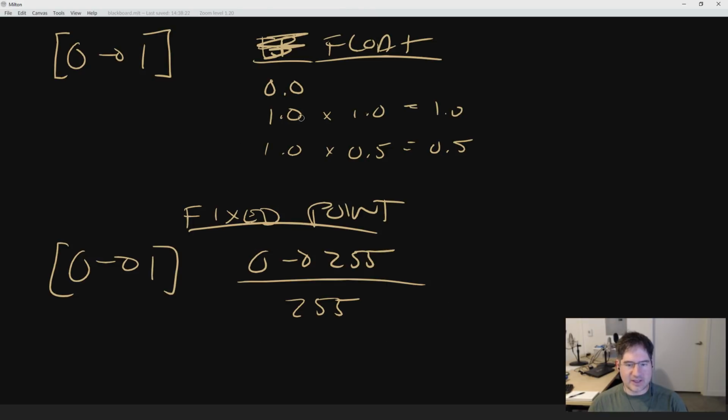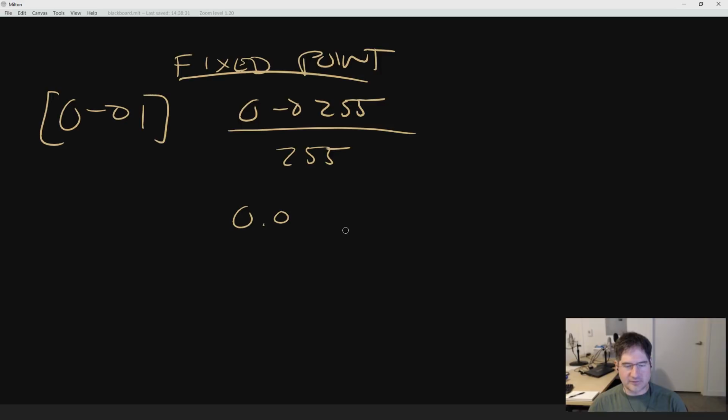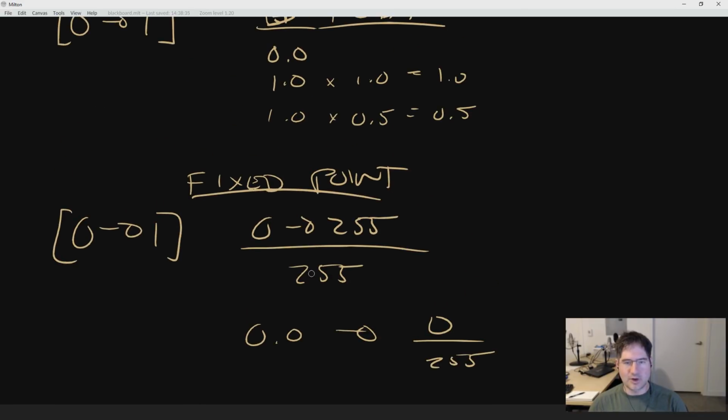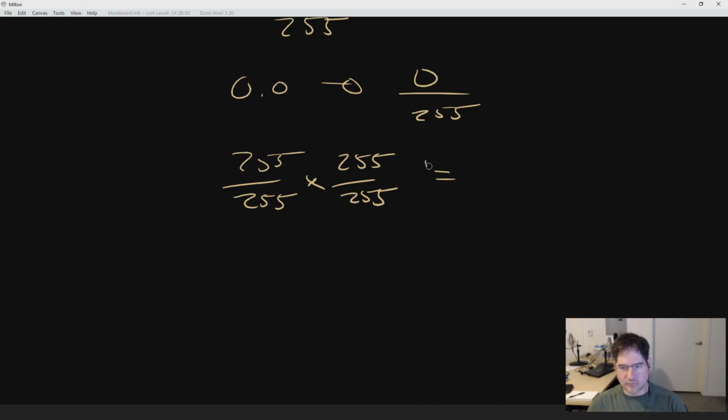So when I look at exactly these three things, if I have 0.0, that's actually 0 over 255. If I have 1 times 1 equals 1, what I actually have is 255 over 255 times 255 over 255. That's what I actually have. And this is what I want to equal 255 over 255. That's what I'm actually trying to do.